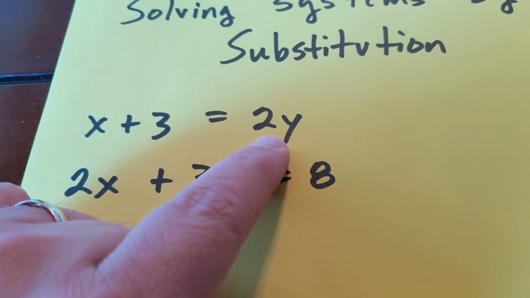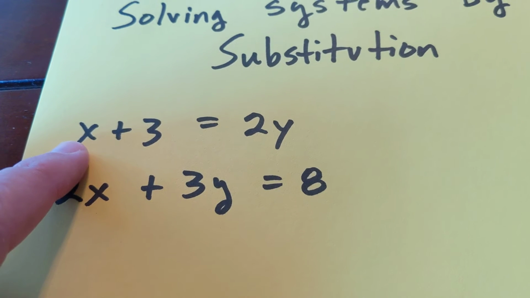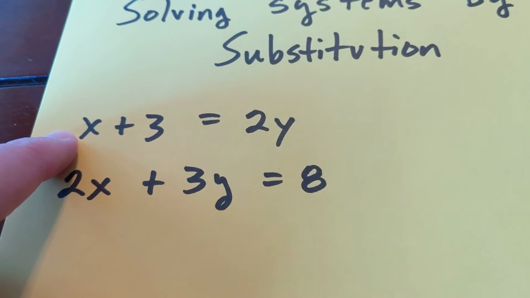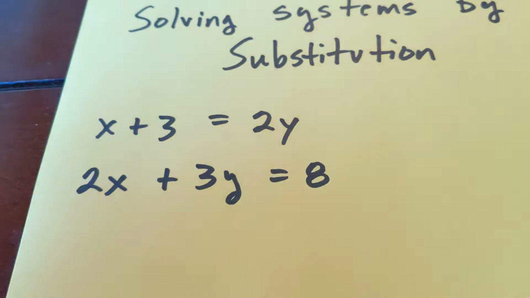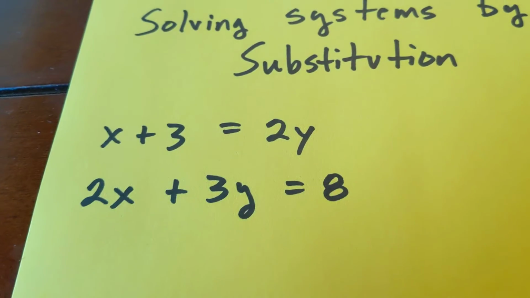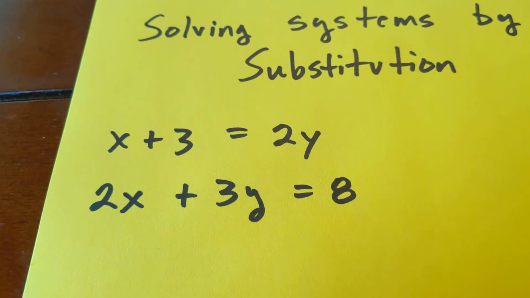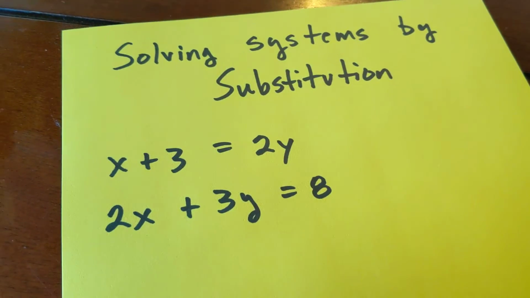This would be hard to get y by itself because it's got a number in front of it too. This one's going to be the easy one, not because it doesn't have a number, but because that's essentially 1x, right? So you're looking for the easiest variable to isolate. So in this particular case, I would say the easiest variable to isolate is going to be x in that first equation.